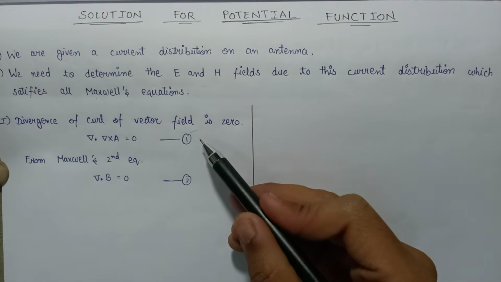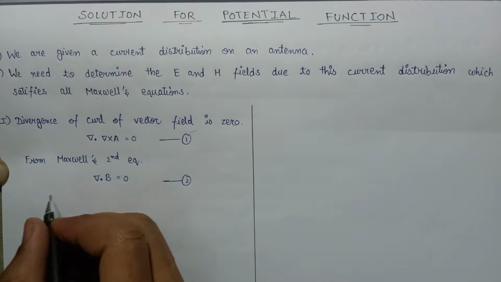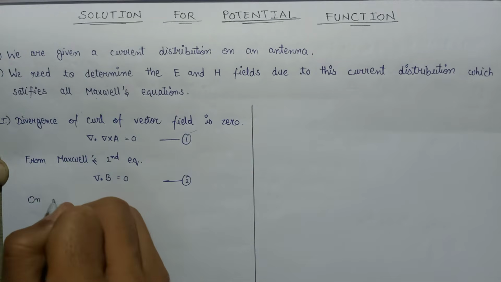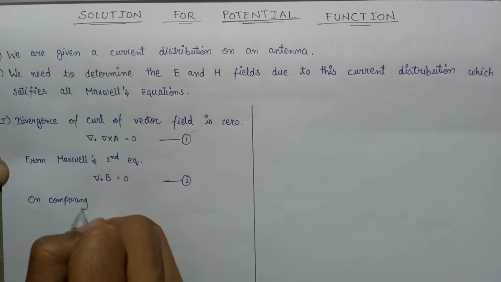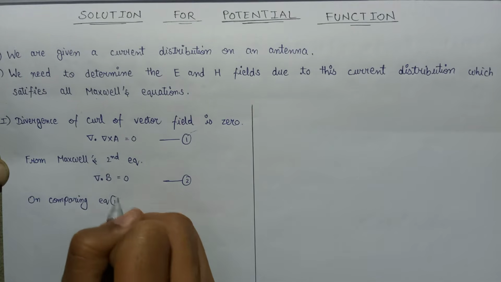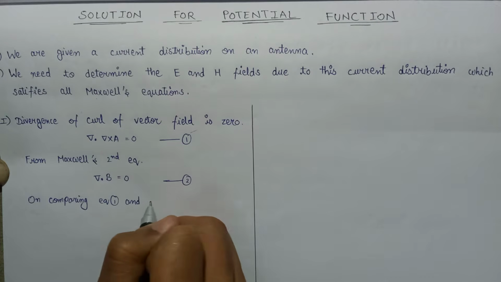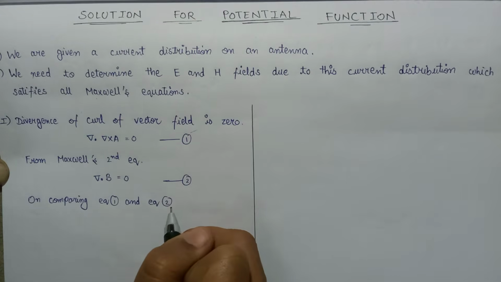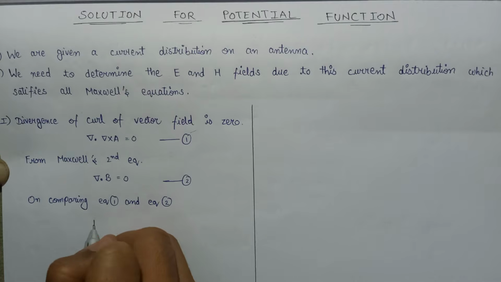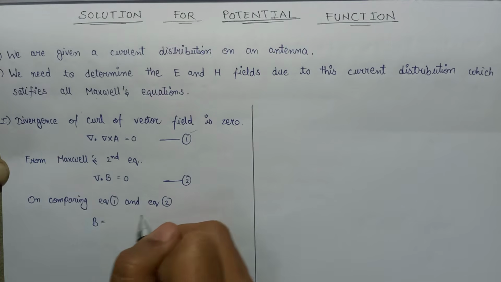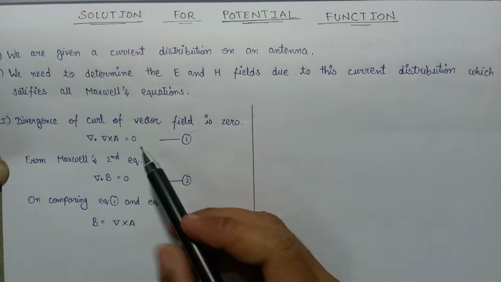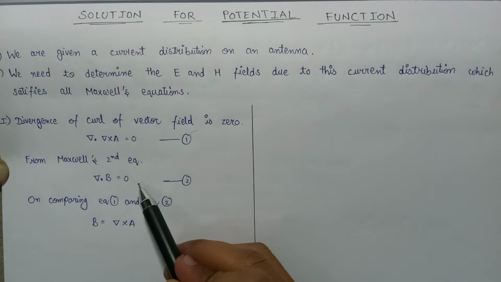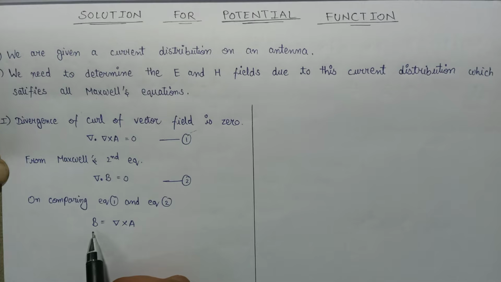If we compare equation number 1 and equation number 2, we can say that B will be equal to del cross A, because both these equations are equal to 0. That's why we can say that B equals del cross A.